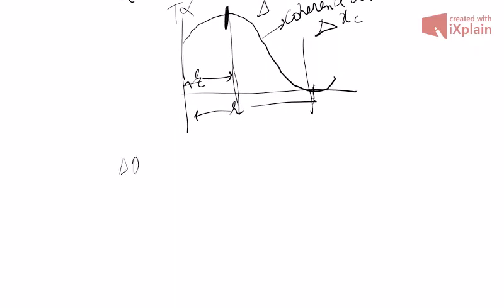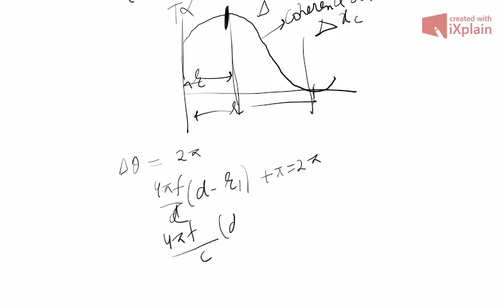So when delta theta is, suppose, 2 pi, let's write 4 pi f by c (d minus r1), where r1 is the distance at that point, plus pi equals 2 pi. Then you have 4 pi f divided by c (d minus r2) plus pi equal to pi. So this part is the constructive phase, and this is for destructive, right?